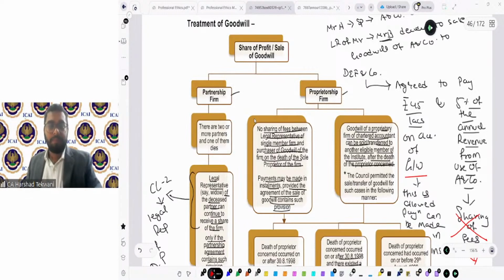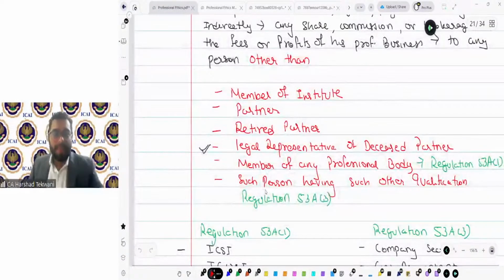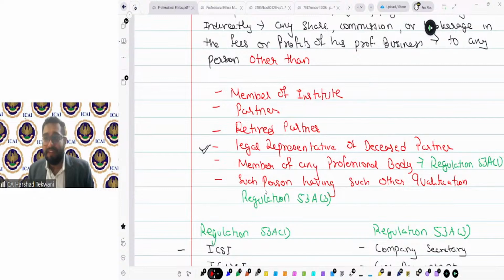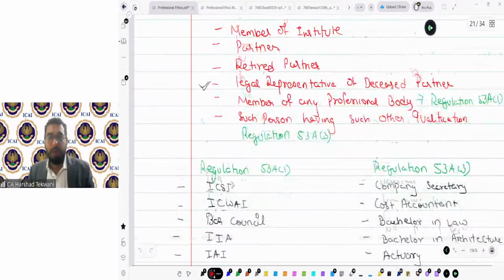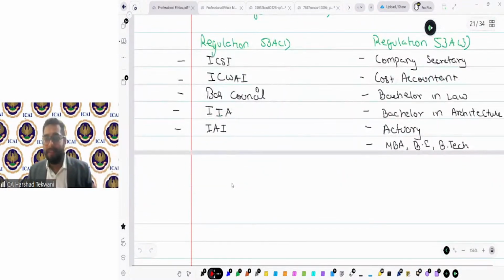Because if there is a share of any fees or parts of profit with a legal representative of the deceased partner of a partnership firm, fine. Legal representative of the deceased sole proprietor, not fine. Okay. I hope everyone is clear with respect to this.